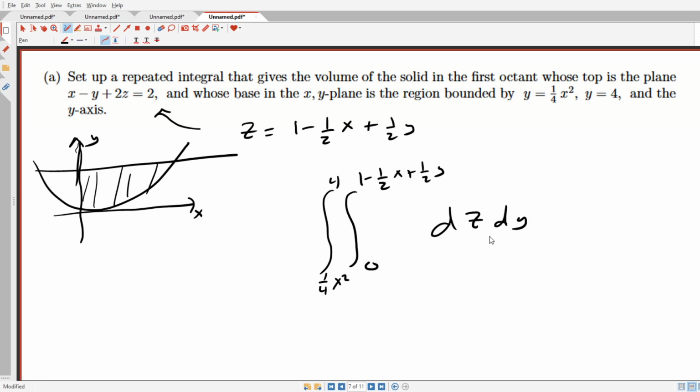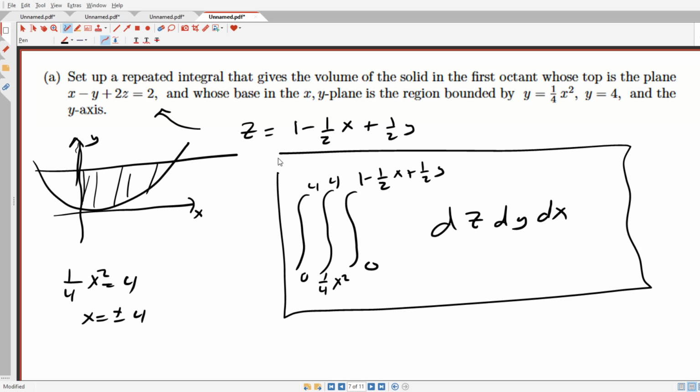So that's dy. And then we're going to go from x equals 0 all the way up to where these intersect, which I should figure out quick. So I have 1/4 x squared equals 4. So x equals plus or minus 4. So that means that x is going to go from 0 up to 4 dx. And that's all it's asking for. It just says set up a repeated integral that describes the volume, and this will do just that.